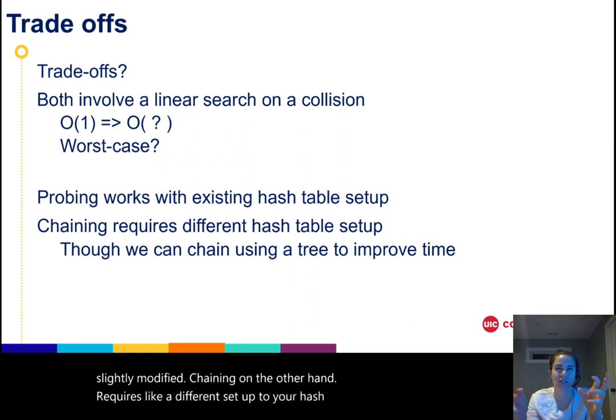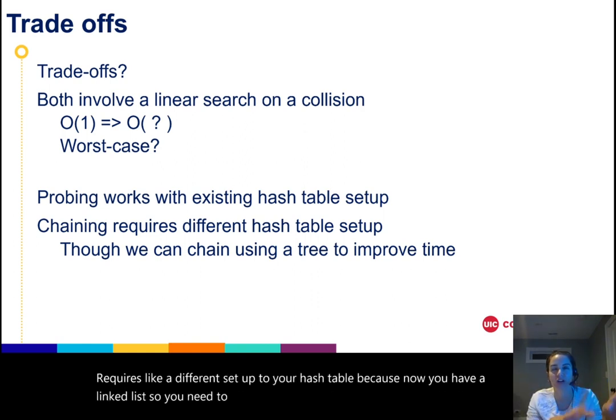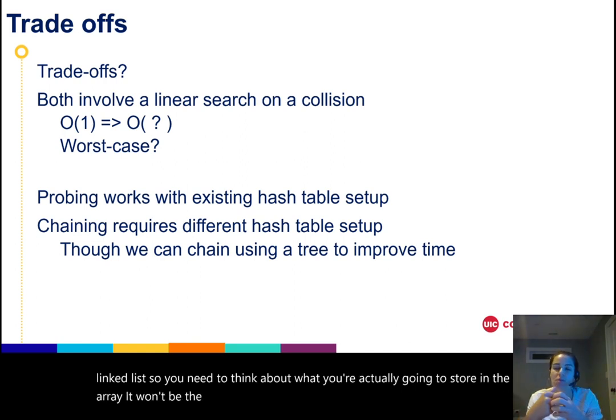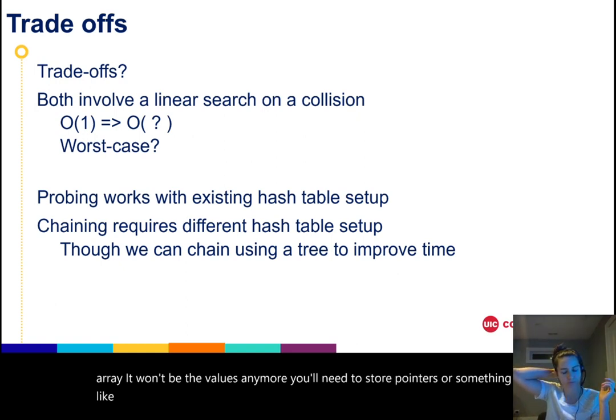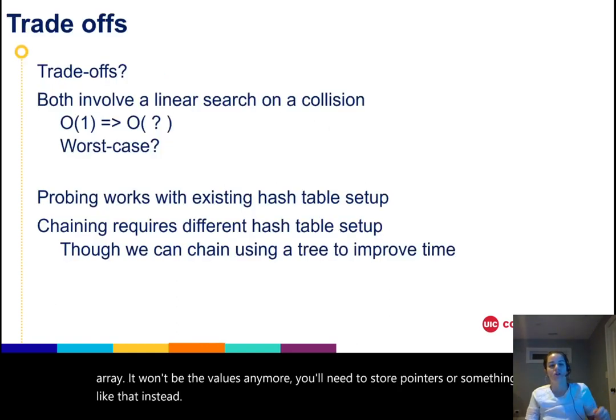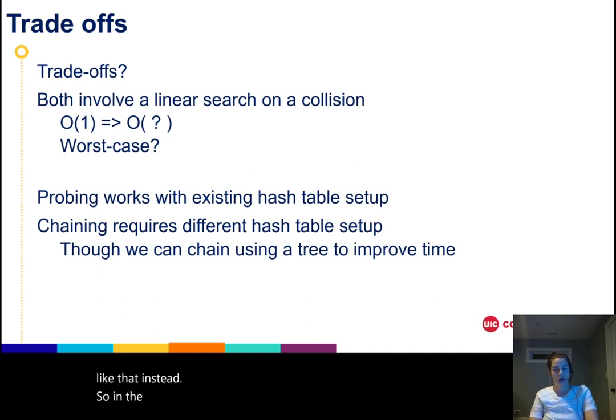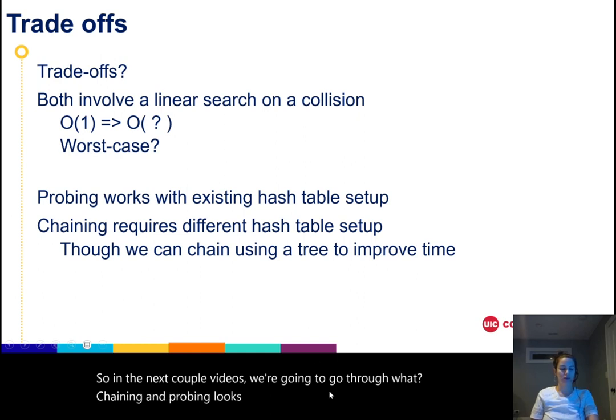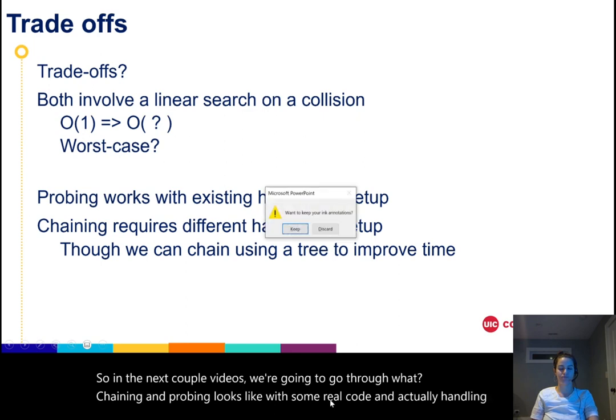Because now you have a linked list, you need to think about what you're actually going to store in the array. It won't be the values anymore. You'll need to store pointers or something like that instead. In the next couple of videos, we're going to go through what chaining and probing look like with some real code and actually handle these collisions with those two different strategies.